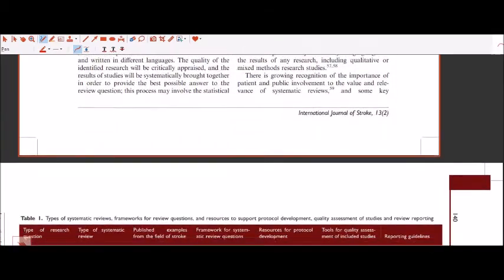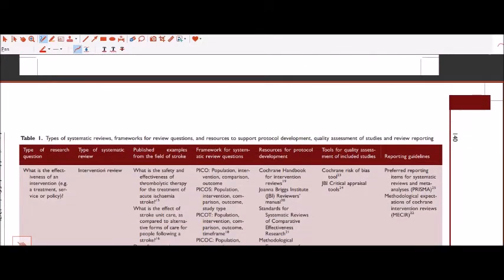However, for me, this paper is important because of this particular table. Now look at Table 1. What does it do? It gives you types of systematic reviews, number 1. Second is frameworks for the review questions or the research questions. Try to remember that.